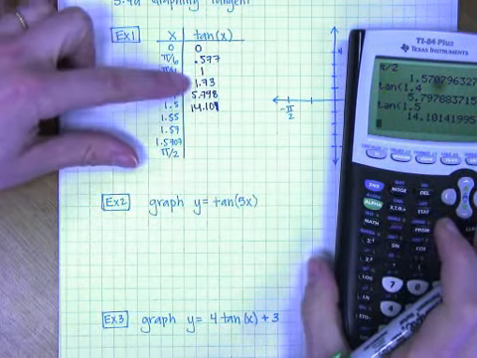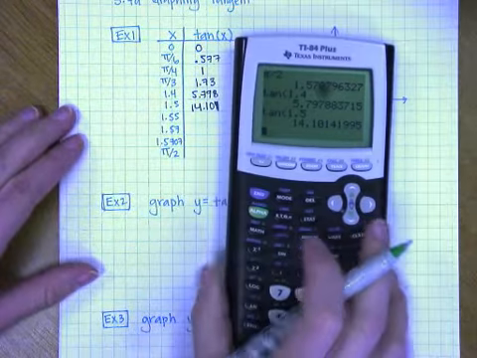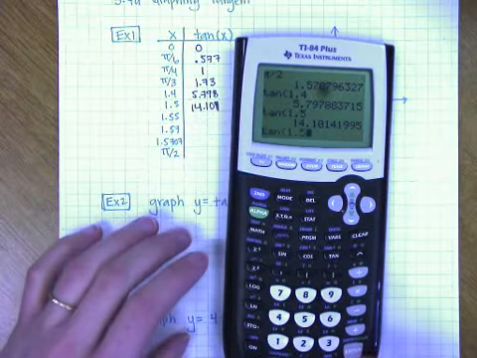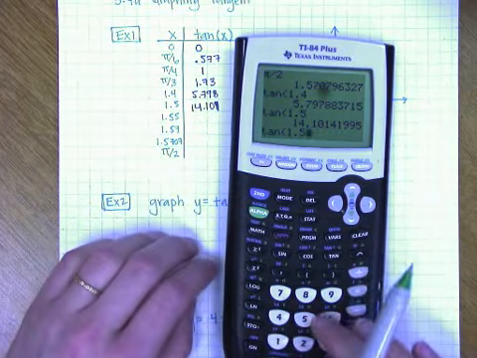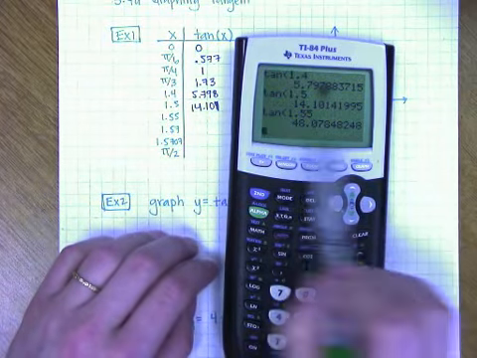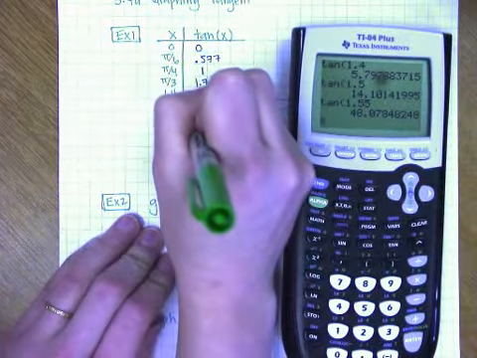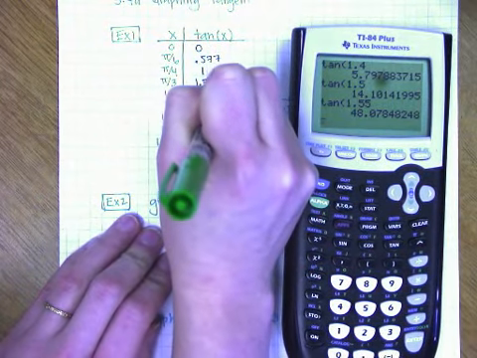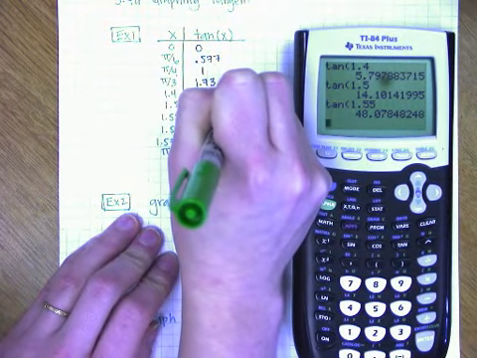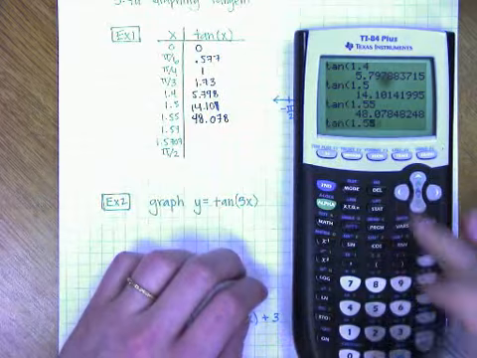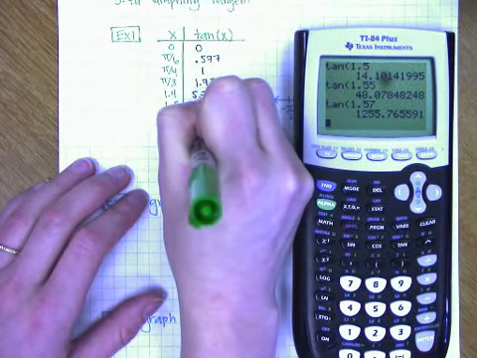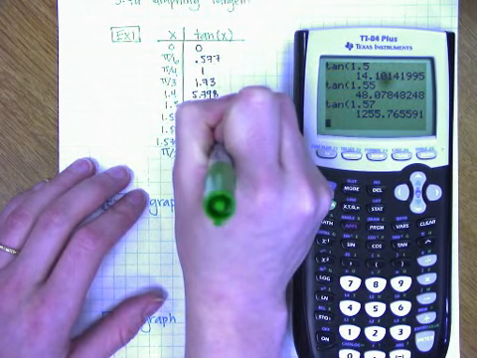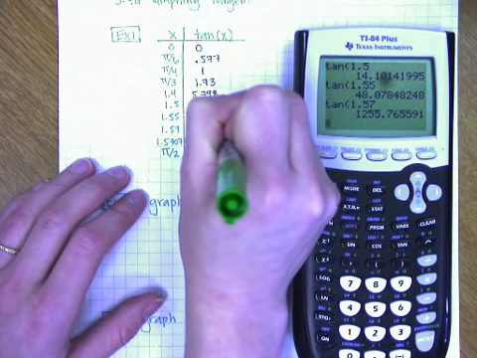And as you're noticing, these tangent values keep getting bigger and bigger and bigger. It's not like sine or cosine where the biggest we get is 1 and the smallest we get is -1. So 1.55, we get all the way up to 48.078. And tangent of 1.57 is 255.766.